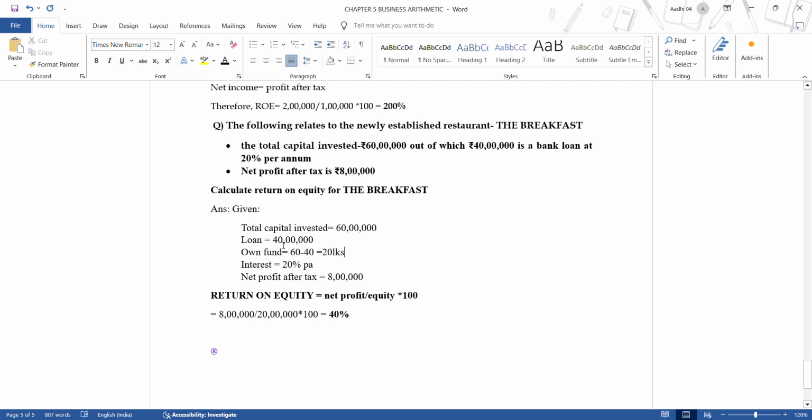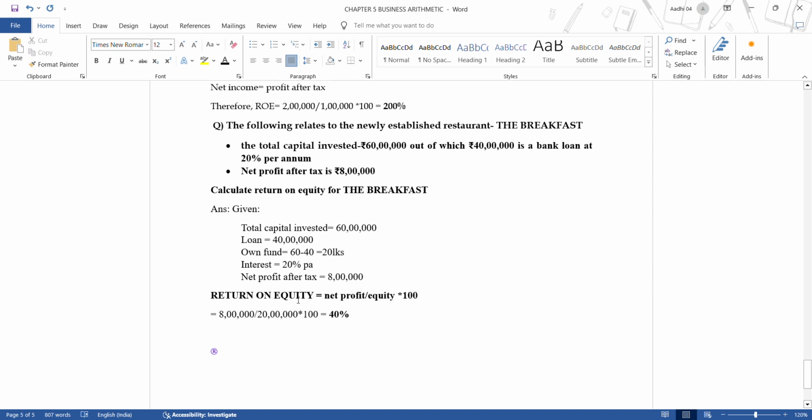Everything is given in the question itself, and there can be confusing factors, because for finding net profit you would find the interest and then subtract it from the net profit. You don't need to do anything like that. So what is the net profit given in the question? 8 lakh.